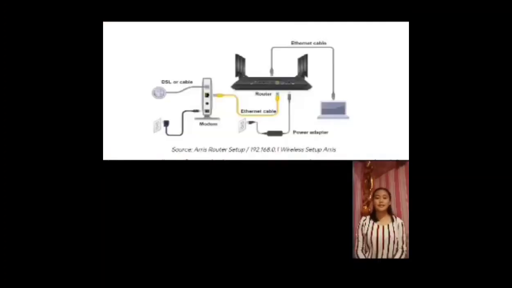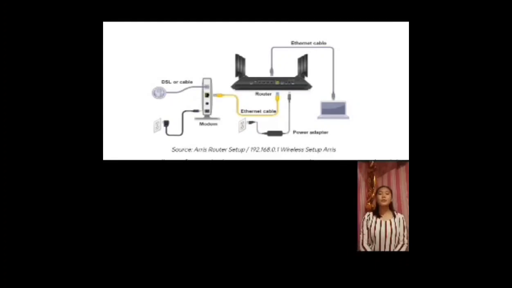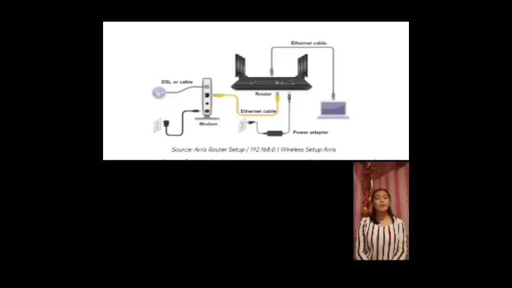To join the same network, a router allows for multiple computers. On the other hand, a modem connects to the Internet Service Provider, or ISP, which provides either cable or DSL, the digital subscriber line.